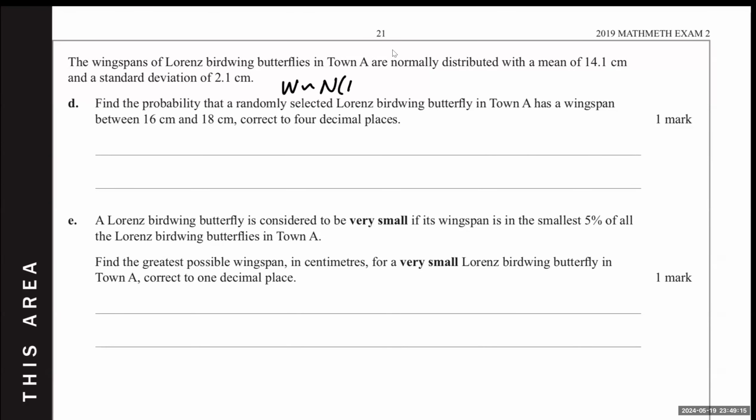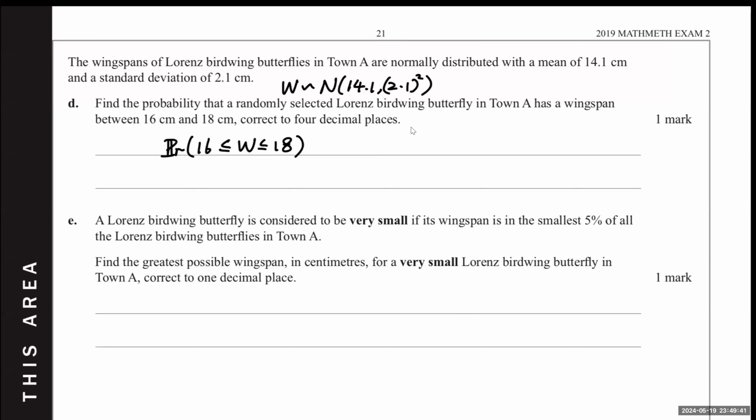Normal distribution 14.1, 2.1 squared. That's a variance; the convention is a variance here. So I would like to get the probability of 16 less than or equal to W less than or equal to 18. Because the question already used X, I'm not going to repeat X for the previously used random variable. For a new random variable, I'm using a new letter, okay?